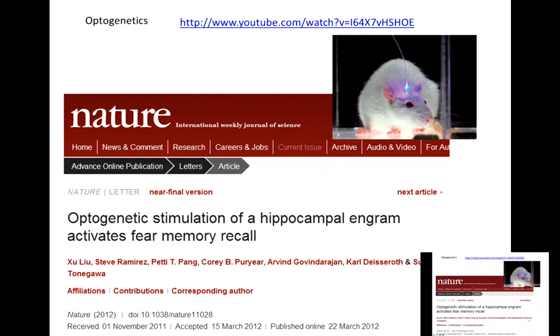So there's a lot of really interesting stuff going on with memory, and the applications of this research are treating people with PTSD, treating people with other sorts of traumatic memories, in that by manipulating the chemical environment in the brain while that memory is being accessed can change how someone responds to that memory.